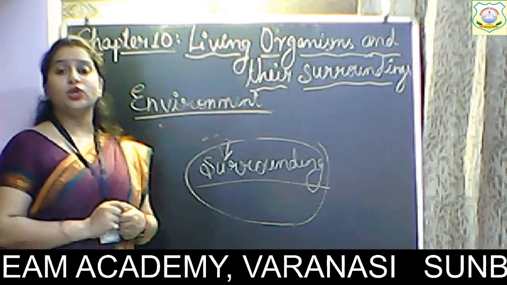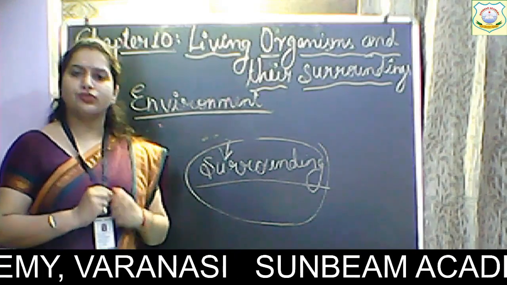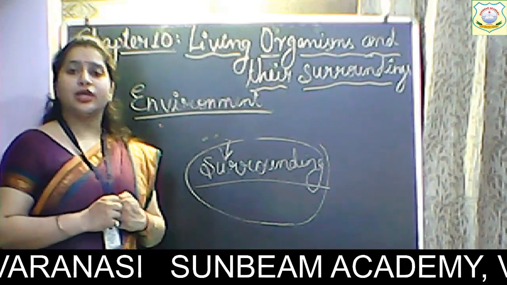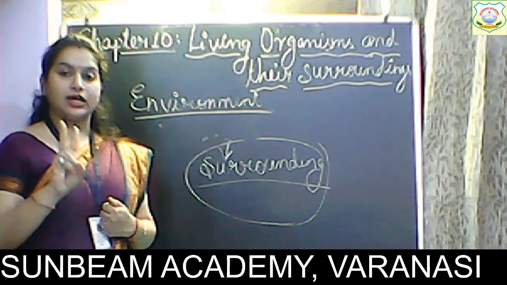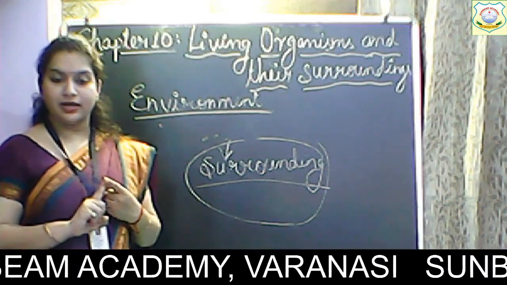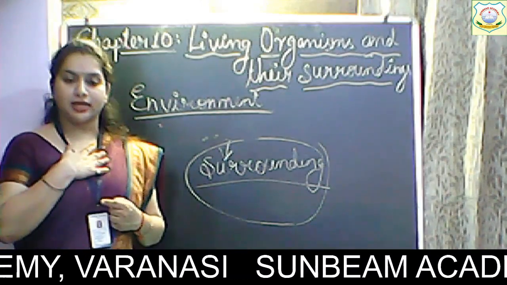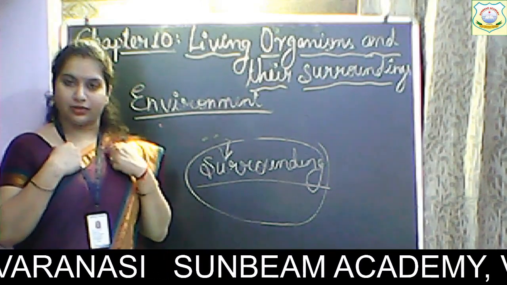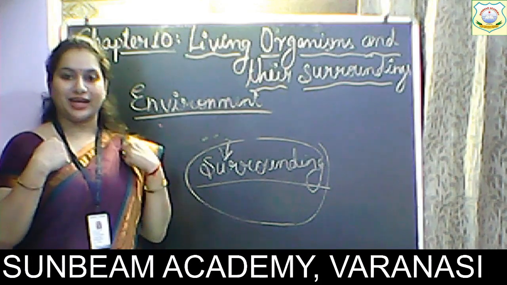And if you look very clearly in your surrounding, you will find that there are only two types of things present. First, living, and second, non-living. I am standing here, so I am living. Do you have any doubt? No. So I am living.